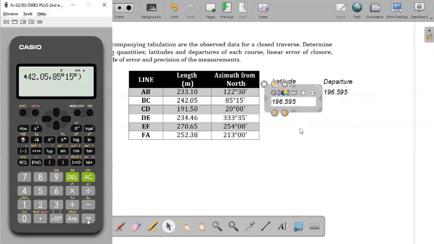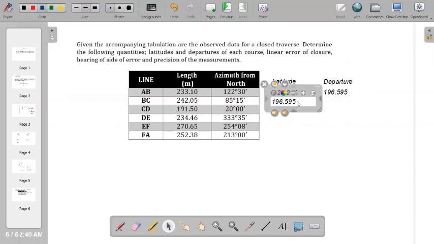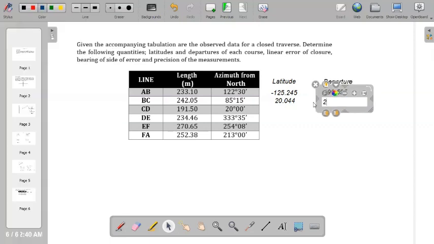So this is 20.044. And then the next one, the Y, is 241.219.